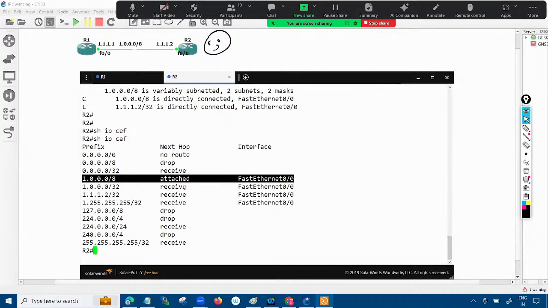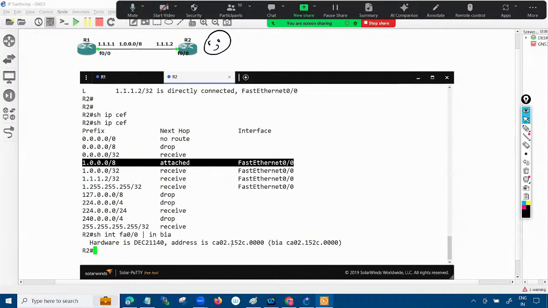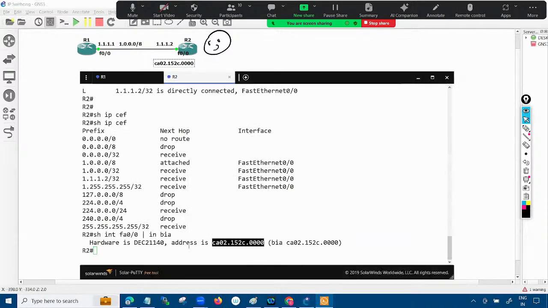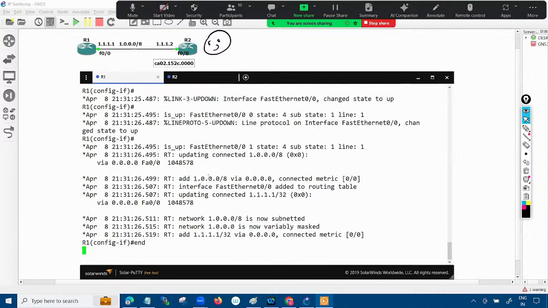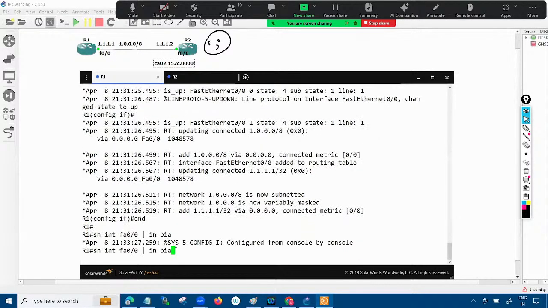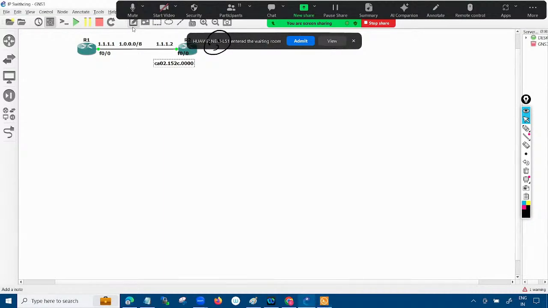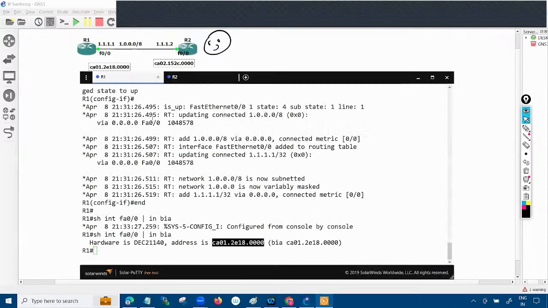If you look for the MAC information, interface 0/0 includes the BIA. Let me write down the MAC address for each. So this is the MAC of the R2 interface, and this is the MAC of R1, that's router one.